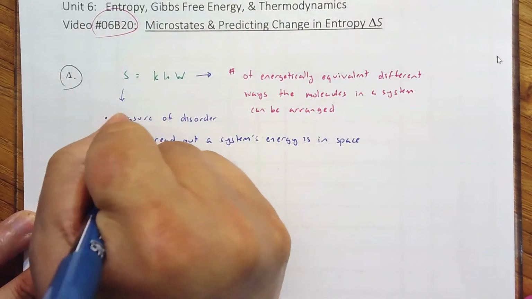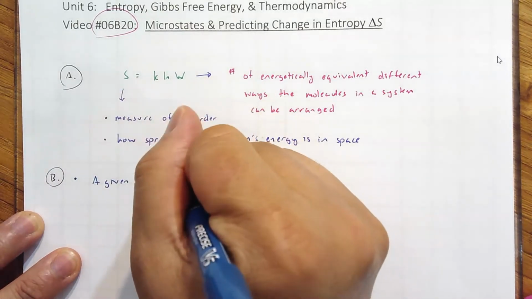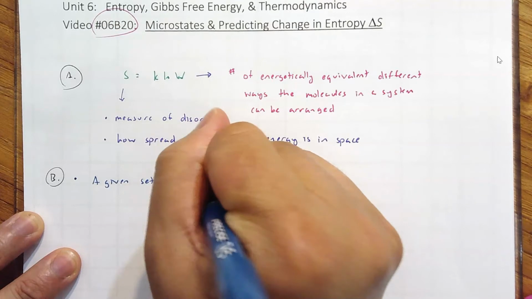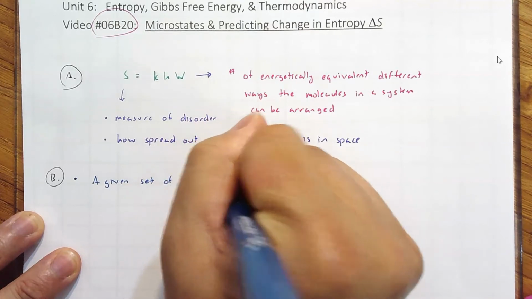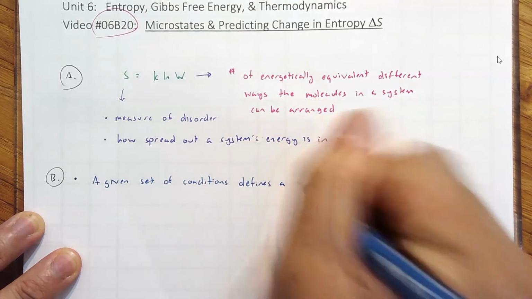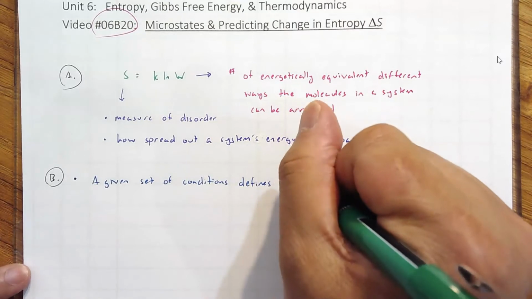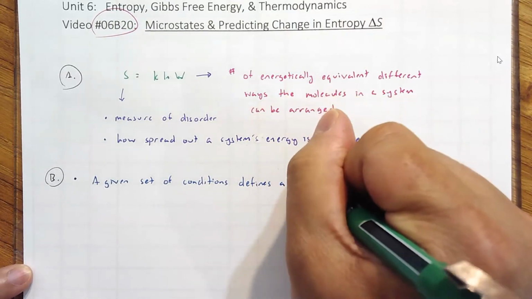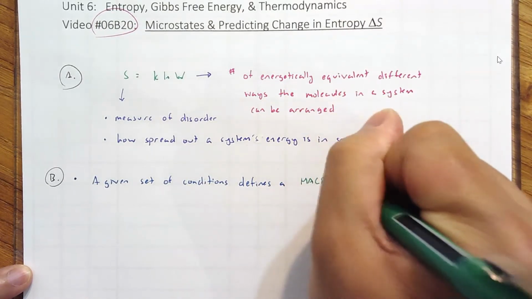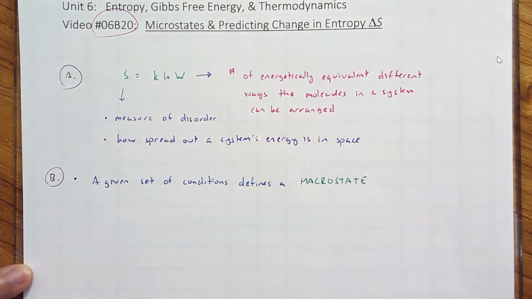A given set of conditions defines a macrostate. It's kind of a dry definition, not very interesting, but when we apply it, I think we'll see the benefit of defining a macrostate versus a microstate.